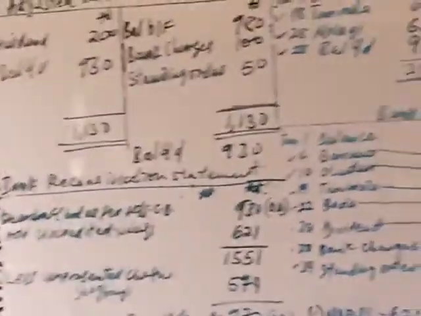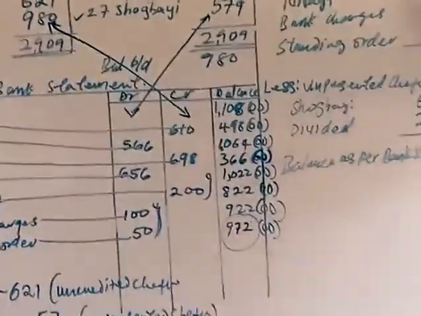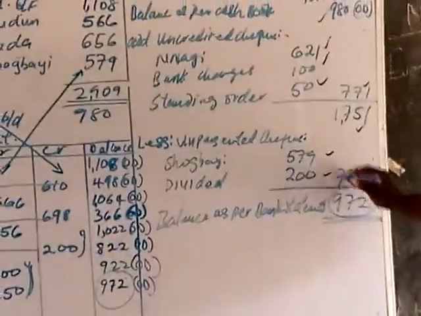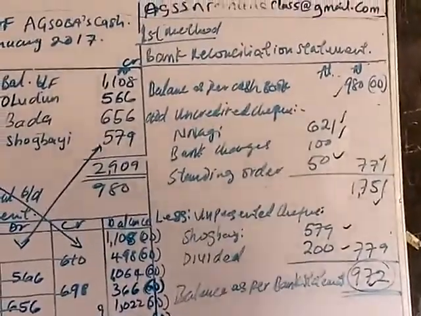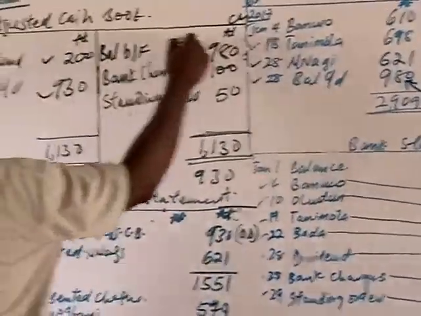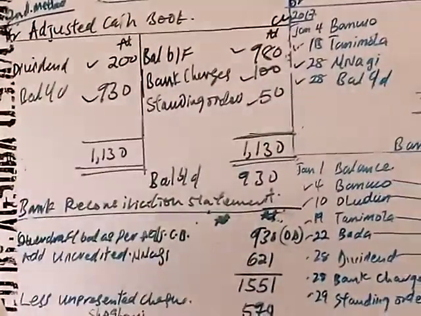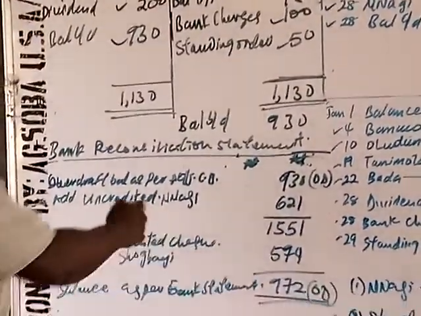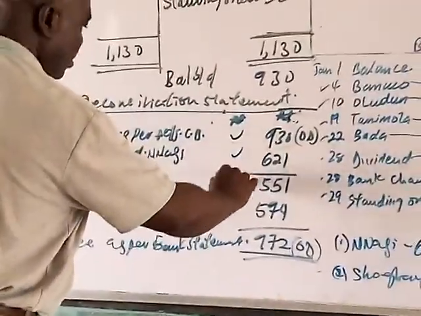Looking at the first method, this one is right, and right. And if you look at the second method, right. And then the bank reconciliation were right.